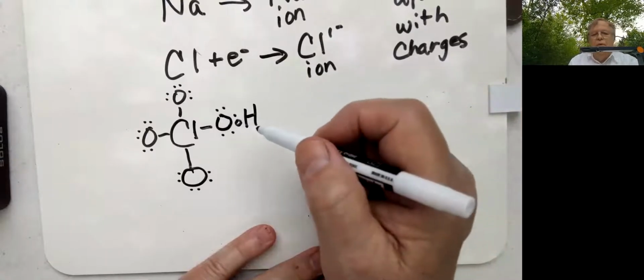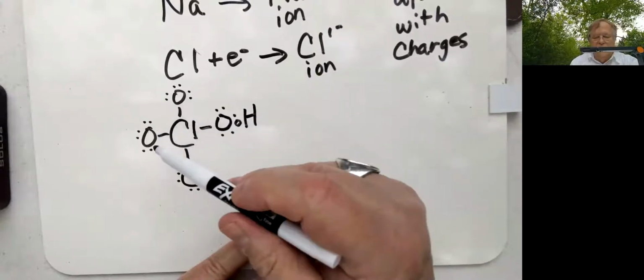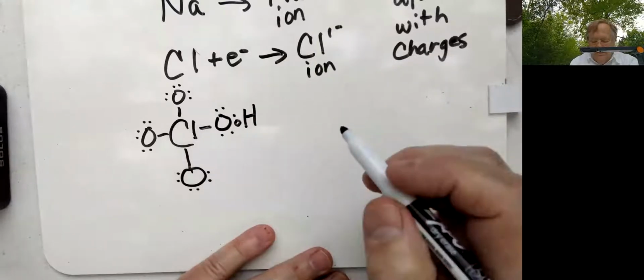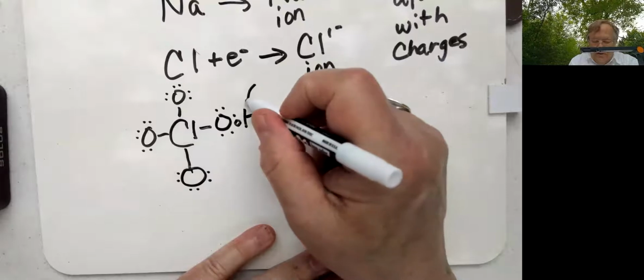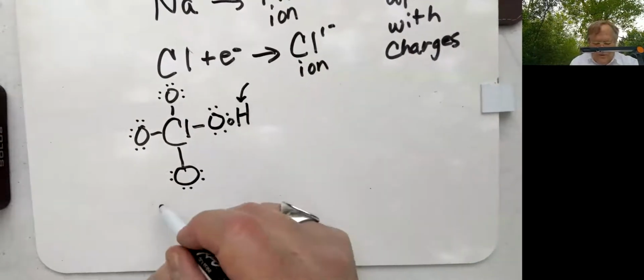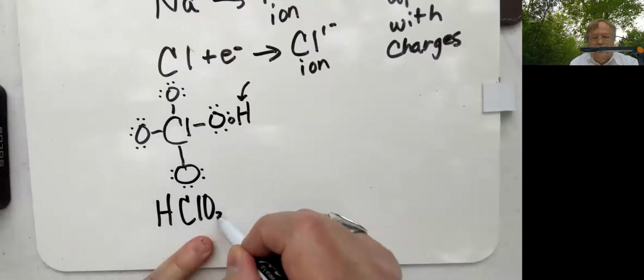Okay, so without going into too much detail, these are all covalent bonds. This is a tetrahedral arrangement around the chlorine there. And every once in a while, something comes along and takes that hydrogen away from this group of atoms. And the formula for this is HClO4.